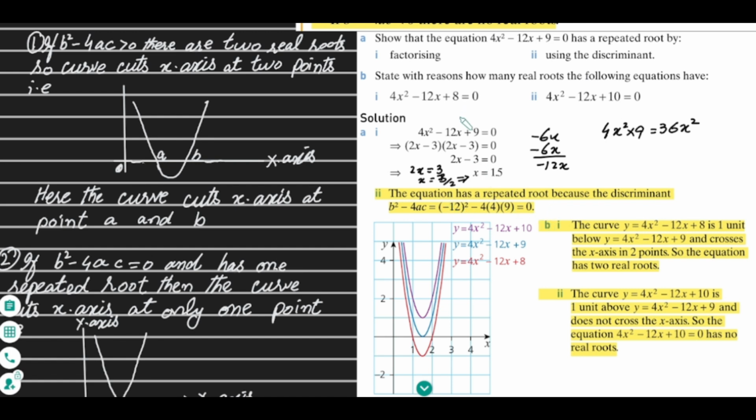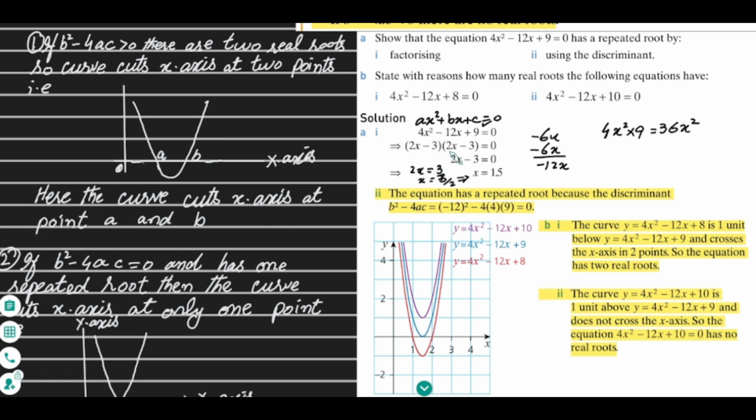Now we see this equation has a repeated root. How? Using the discriminant b square minus 4ac. When we compare with ax square plus bx plus c equals 0, we find that a equals 4, b equals minus 12 and c equals 9.